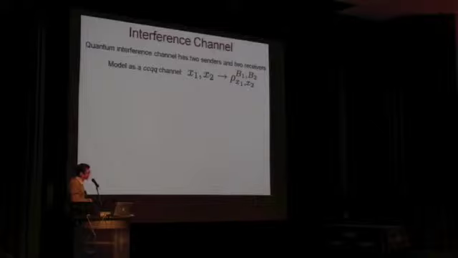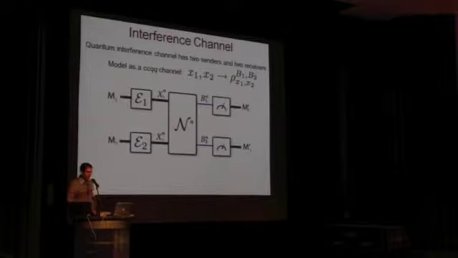The idea is that sender 1 has access to this classical X1 input port, and sender 2 has access to this classical X2 input port. Conditional on these inputs, the channel prepares a density operator on the tensor product Hilbert space of the two receivers, B1 and B2, Bob 1 and Bob 2.